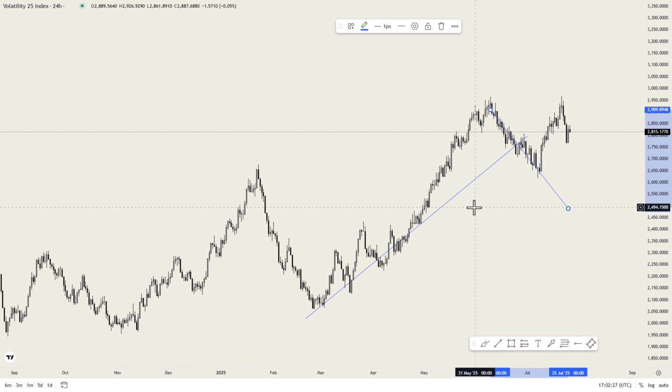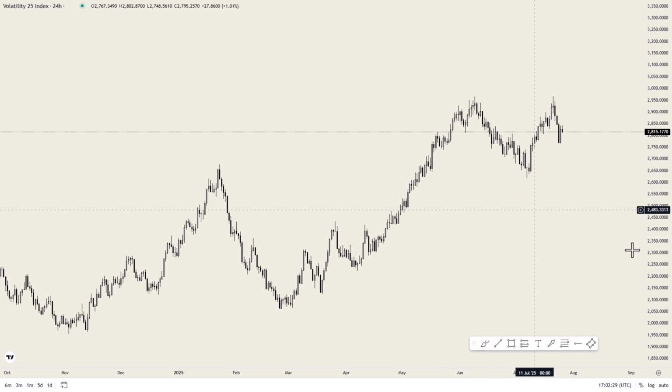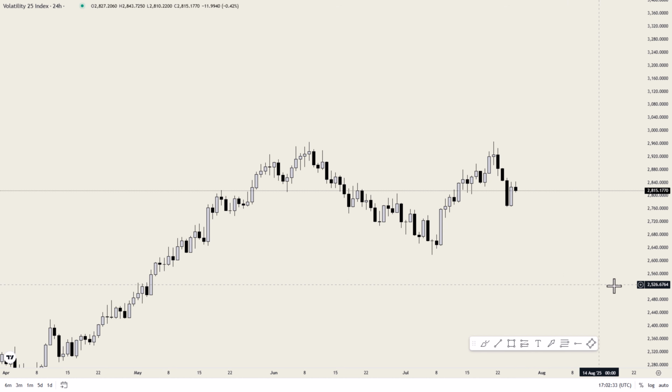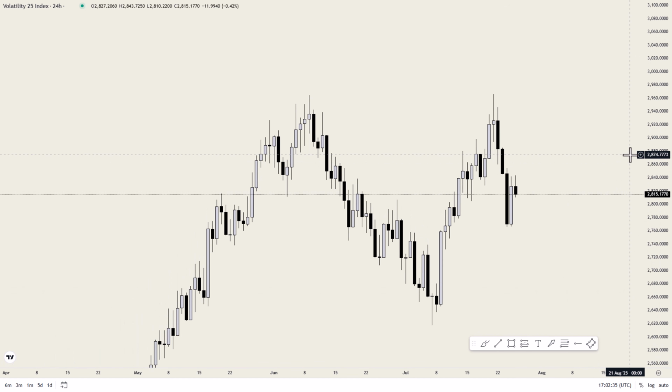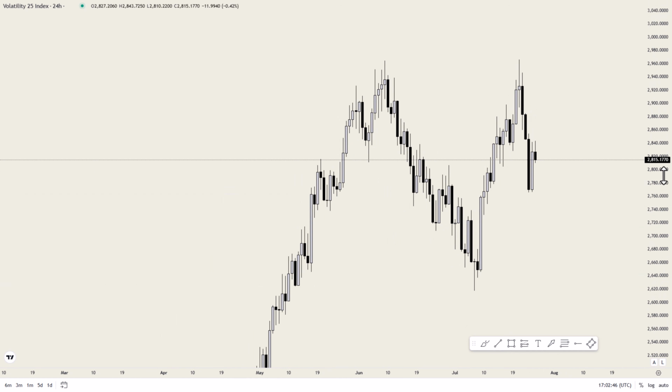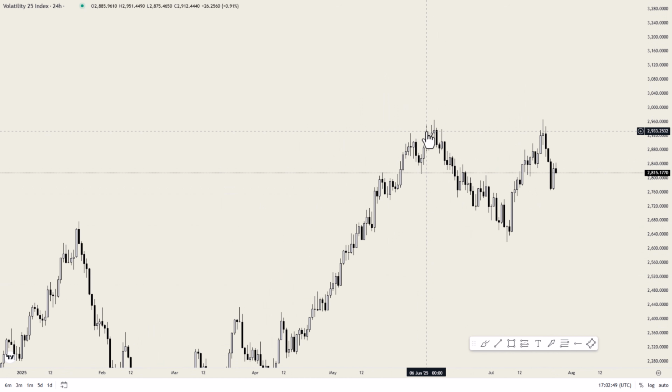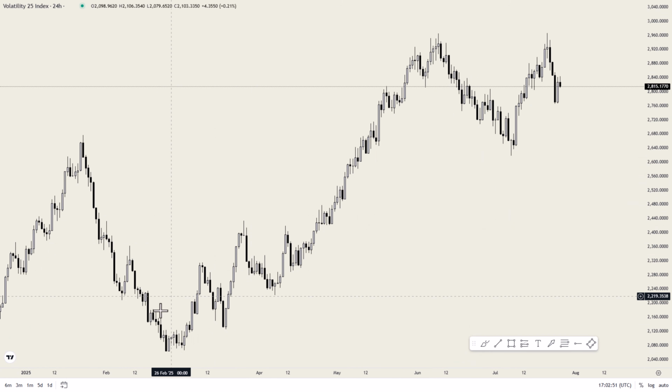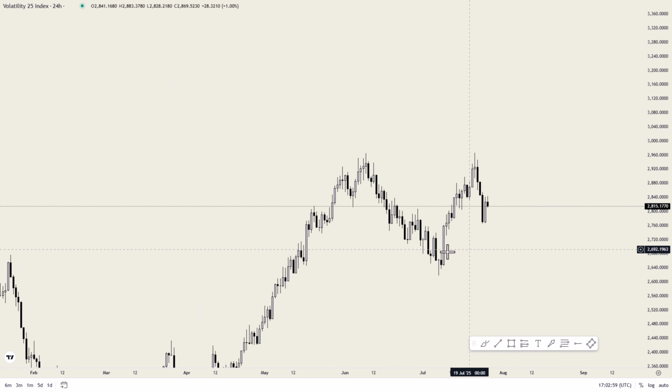So what we need to do is to determine whether price is taking internal range liquidity, seeking external range liquidity, or whether price is taking external range liquidity, seeking internal range liquidity. Since we have determined that the structure is bullish and this is a retracement from this expansion, we have an expansion, then this retracement, and we see another expansion.